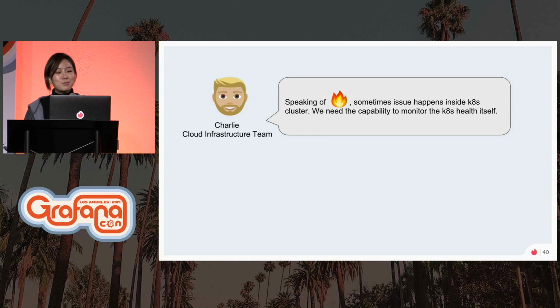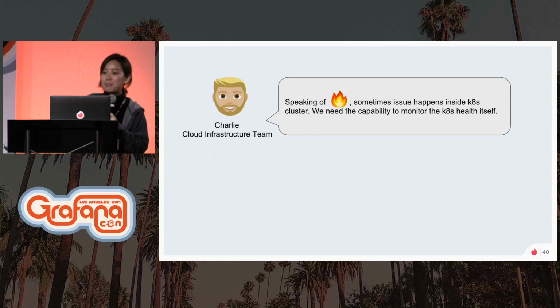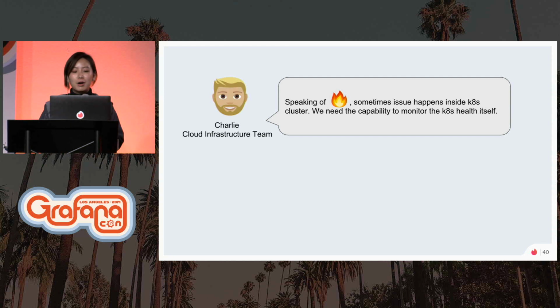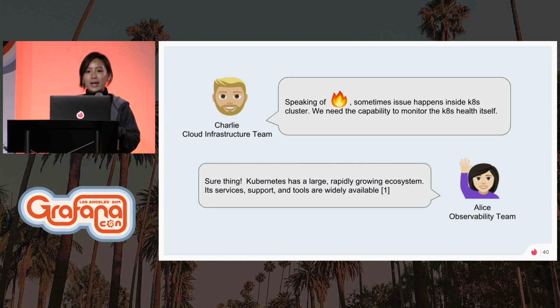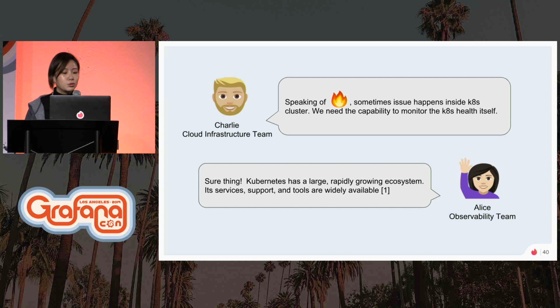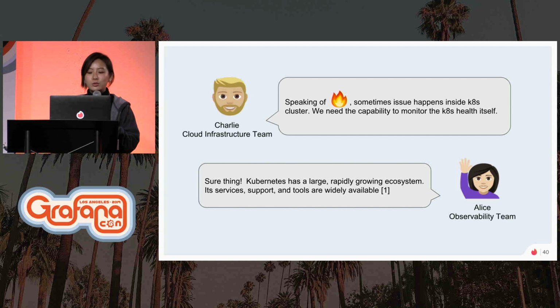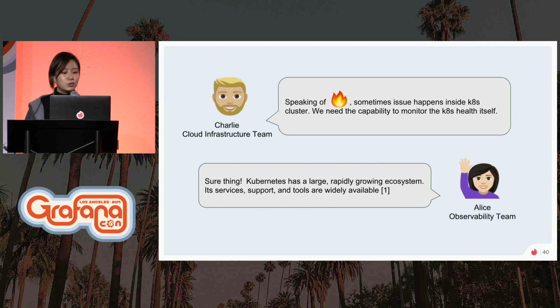Yes. So speaking of emergencies, sometimes issues still happen inside the Kubernetes environment. We also need a way to monitor our Kubernetes cluster itself. But Alice is quite confident about this task because, according to the Kubernetes official documentation, Kubernetes has a large, rapidly growing ecosystem. Its services, support, and tools are widely available.